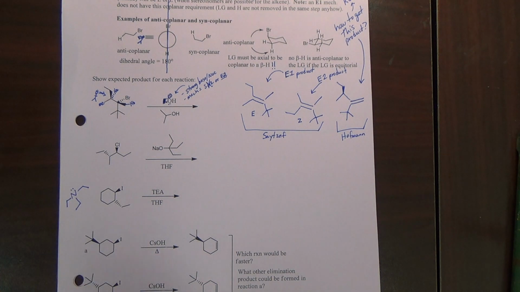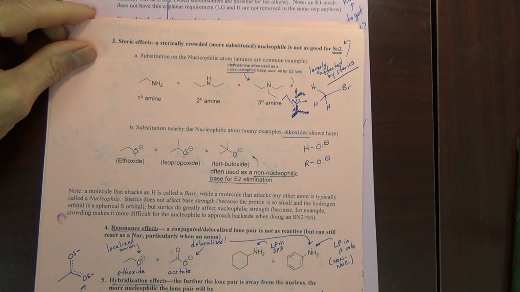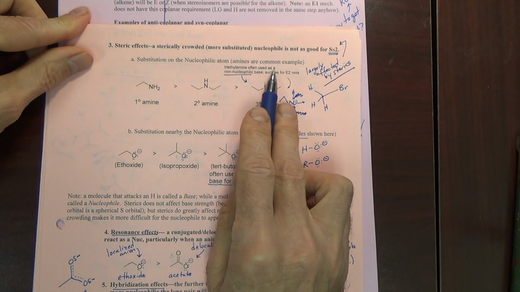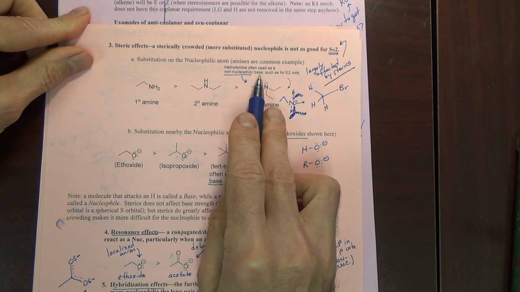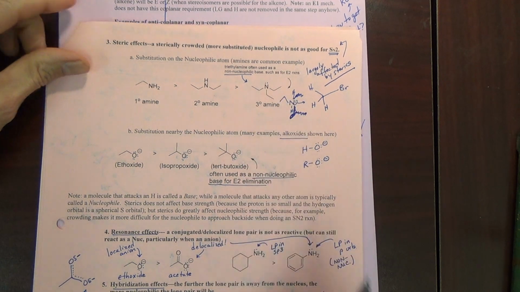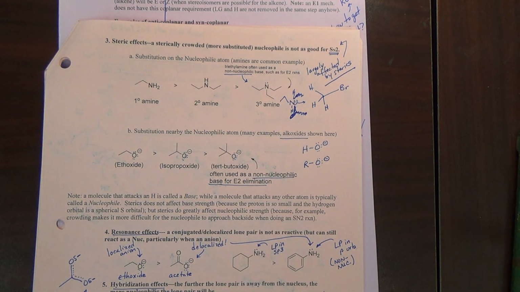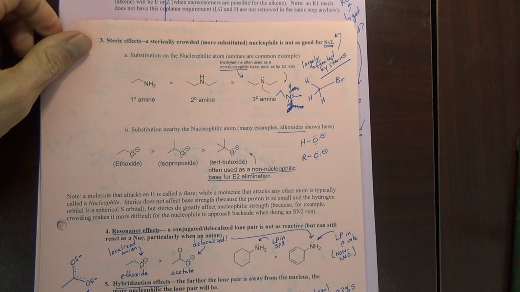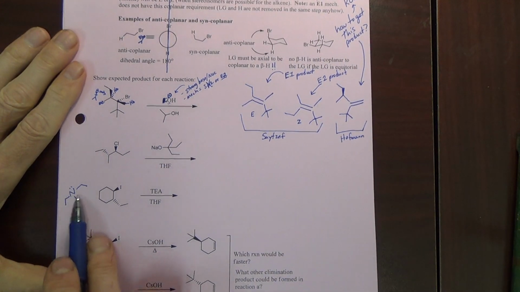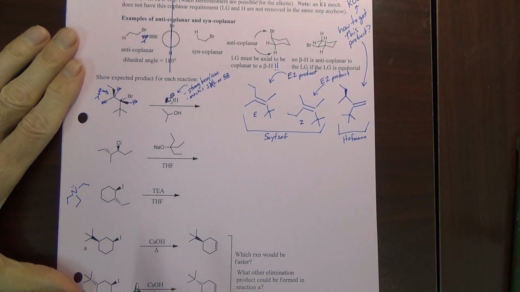If you remember, we showed in the substitution handout, triethylamine is often used as a non-nucleophilic base, such as for E2 elimination reactions. It's not as strong as a hydroxide or alkoxide, but it is strong enough to do an E2.